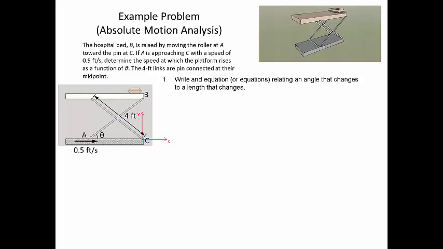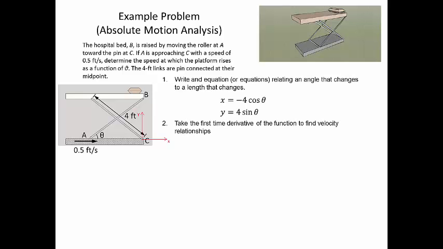Our first step is to write an equation or equations relating an angle that changes to a length that changes. In this case, with our origin defined at C, our x position is equal to minus 4 times the cosine of theta. Our y position, up towards B, is equal to 4 times the sine of theta.